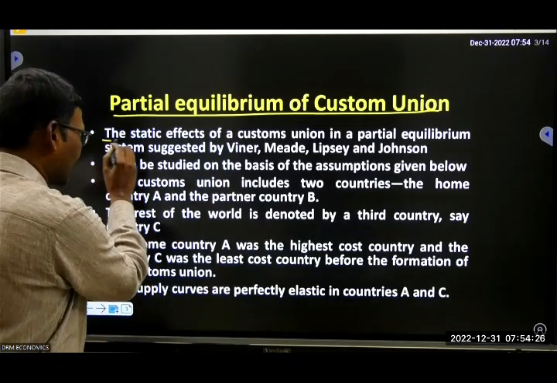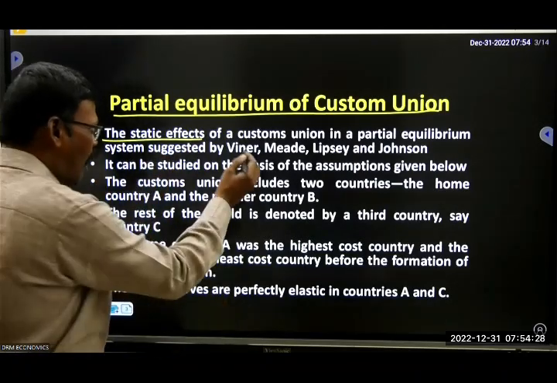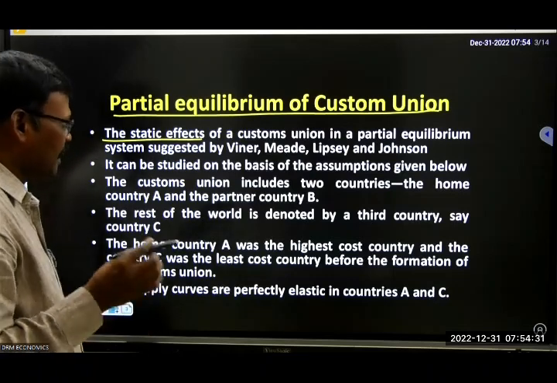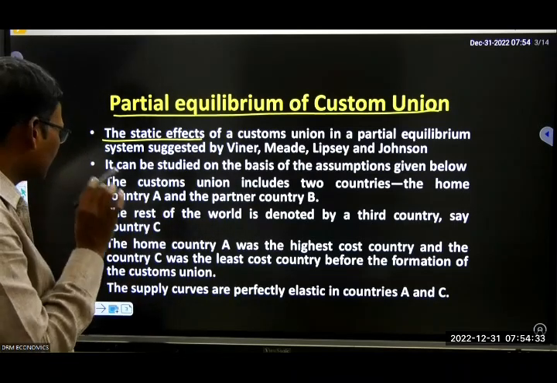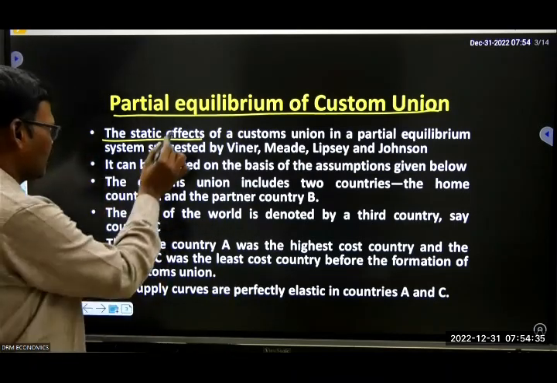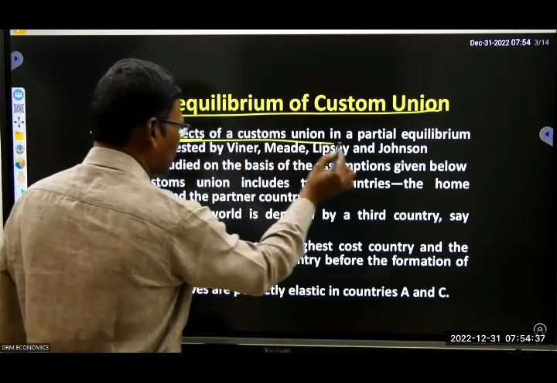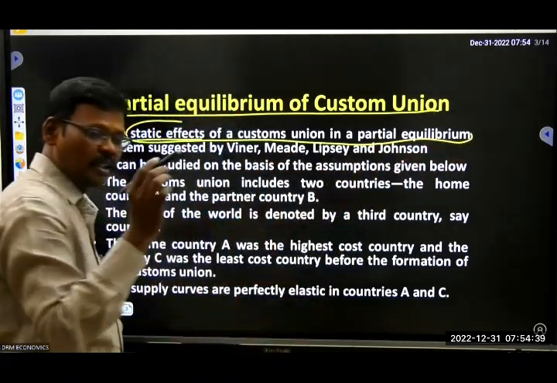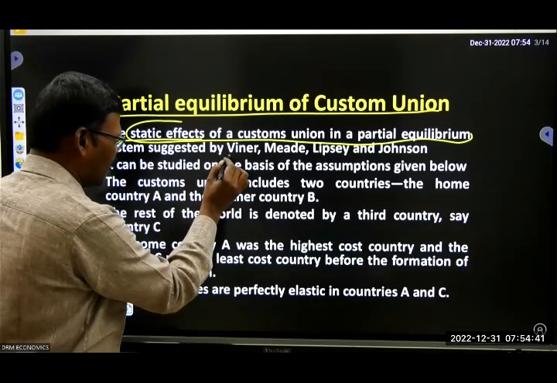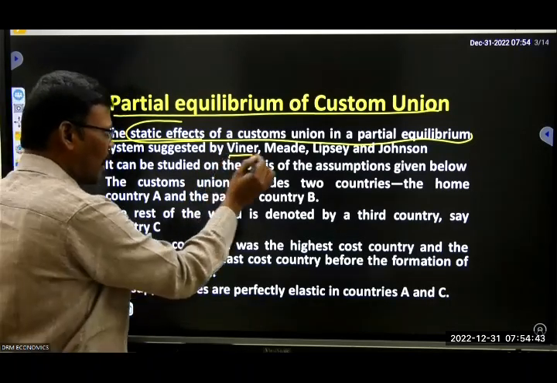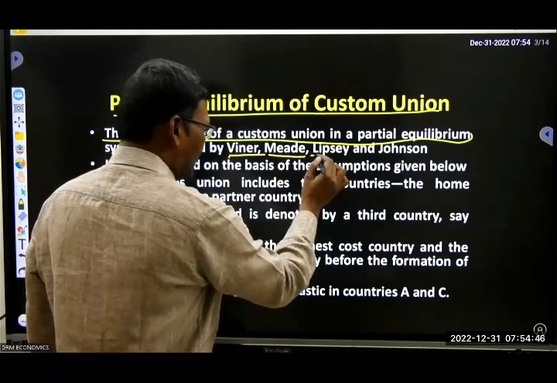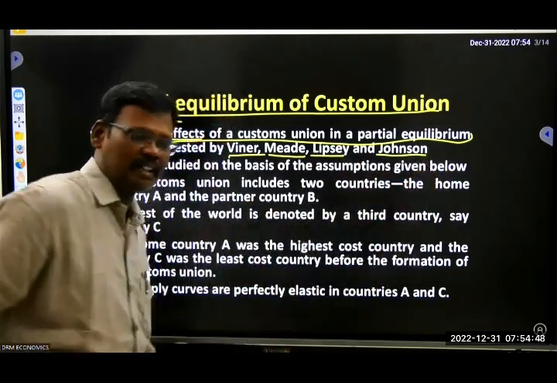The static effect of the customs union in the partial equilibrium concept was suggested by Viner and Meade, Lipsey and Johnson.